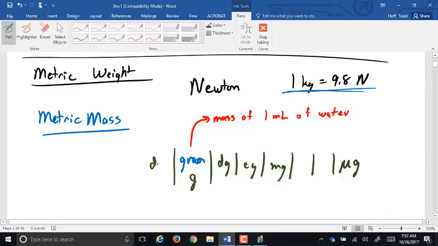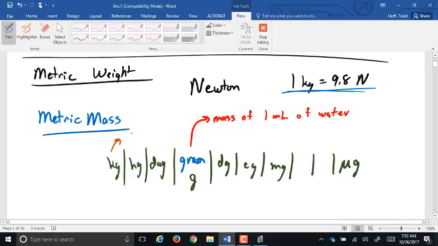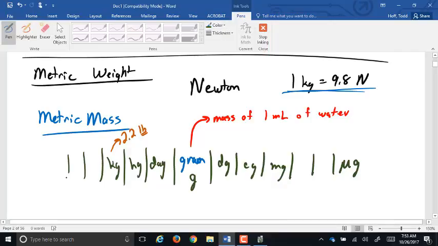Going larger, we have decagrams, hectograms, kilograms. A kilogram, by the way, we'll talk more about our conversion between metric and standard, but it is about 2.2 pounds. It's like 2.208 or something like that if you really want to go out to it. Bigger than a kilogram, we skip up to the megagram, which is 1,000,000 grams. What they normally do with the megagram is they refer to it as 1,000 kilograms rather than 1,000,000 grams.